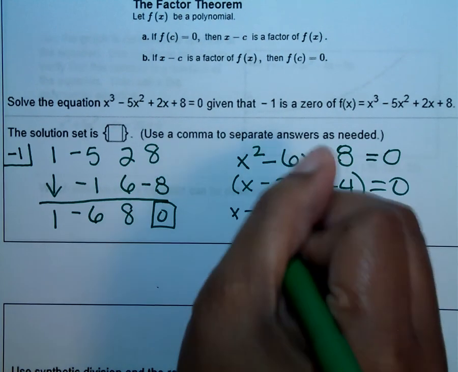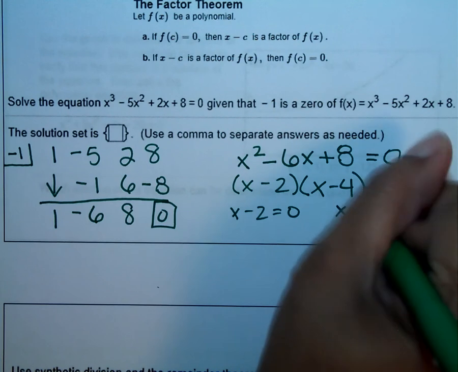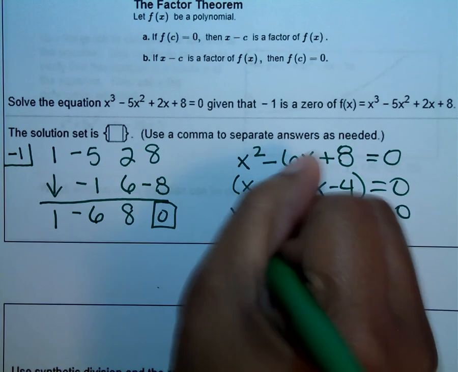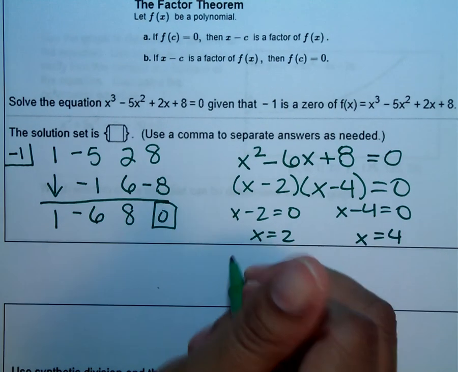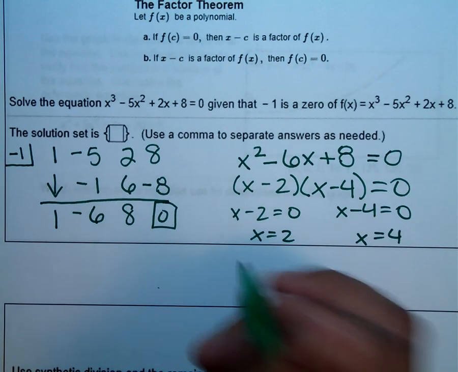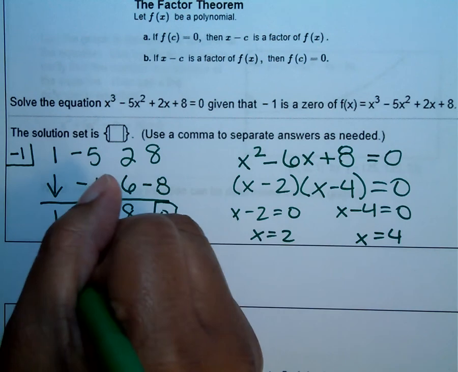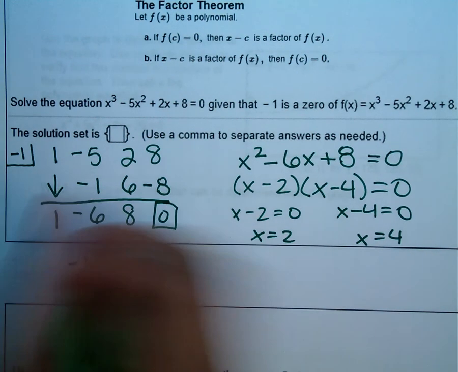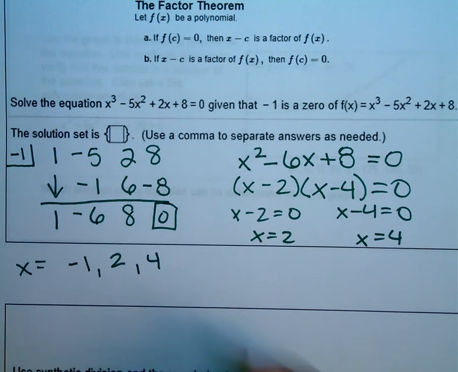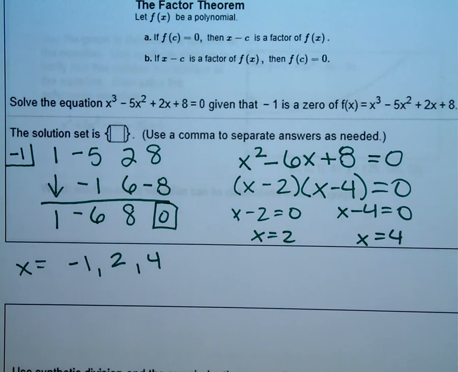Then I said x minus 2 equal to 0, x minus 4 equal to 0, x equals 2, x equals 4. So my solutions, if I had to write down all my solutions, I got -1, 2, and 4. Yay, us. So those are all 3 of my solutions.